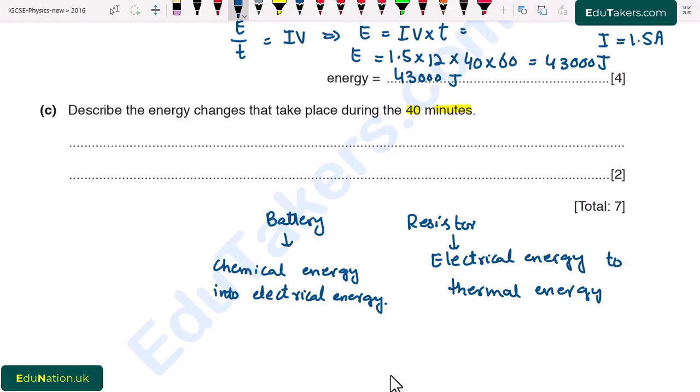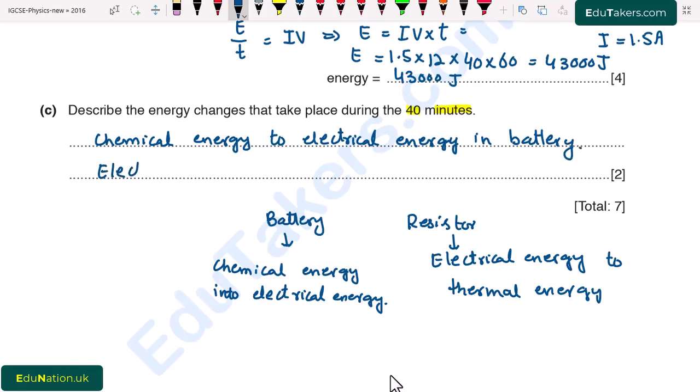I write here chemical energy to electrical energy in battery, and electrical energy to thermal energy in resistor.